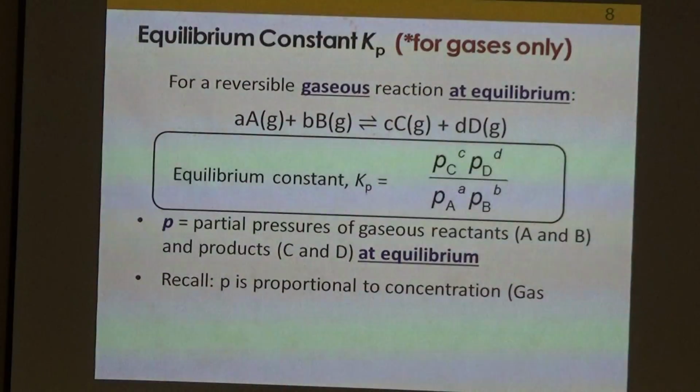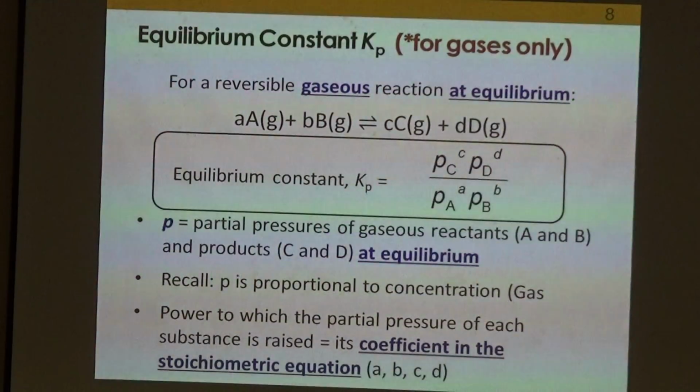The partial pressure is proportional to concentration, as you know from your gases lecture. So basically it's for gases, and instead of using concentrations, you use partial pressure, because for gases, often measuring the partial pressure is easier than measuring the concentration.